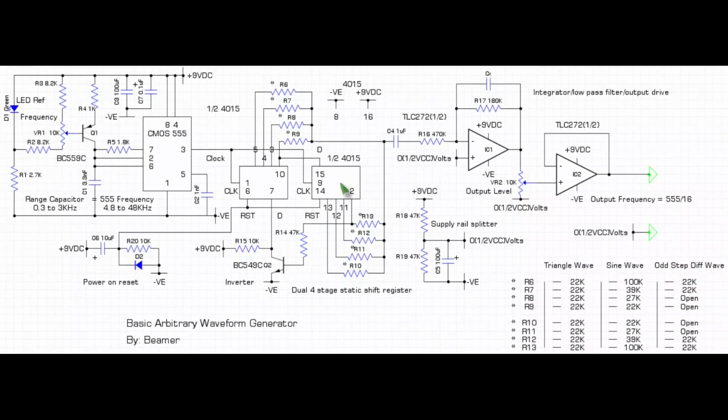You have here around the 4015 a collection of 8 resistors. This is the business end. The resistors go from R6 to R9 and then from R10 to R11. You can see their asterisks here, and that relates to this table here.